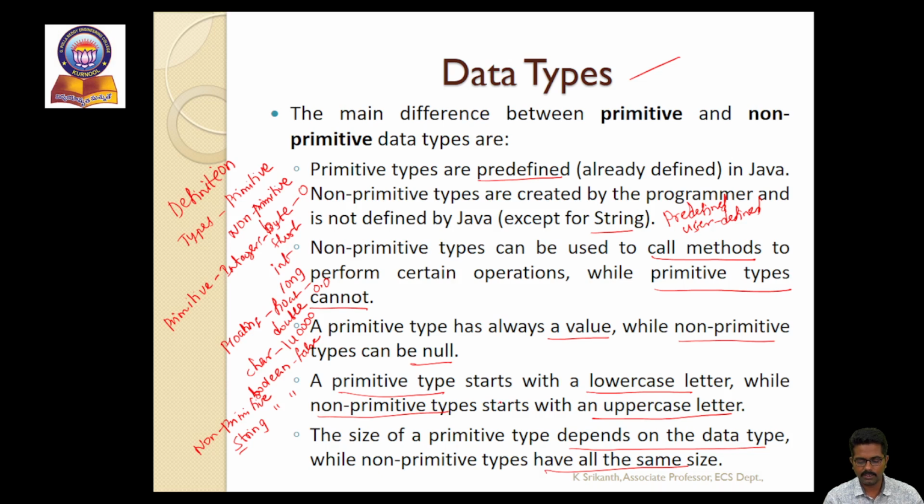All primitive data types should start with a lowercase letter, and non-primitive data types should start with an uppercase letter. The size of primitive data types depends on the type of data you are working with, and non-primitive data types depend on the type of class, object, arrays or interfaces that you are working with.